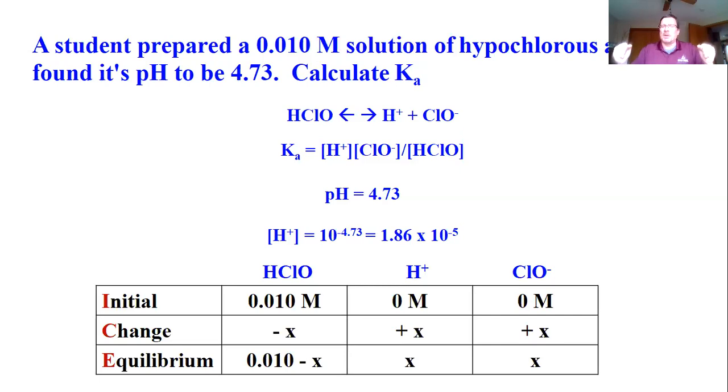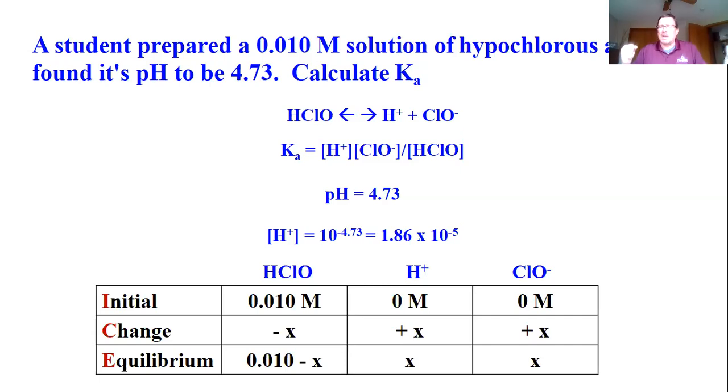And so at equilibrium, the concentration of the hypochlorous acid is going to be my initial 0.01 minus X. And my hydrogen ion concentration is going to be X, because it's 0 plus X. That's how much I gain.